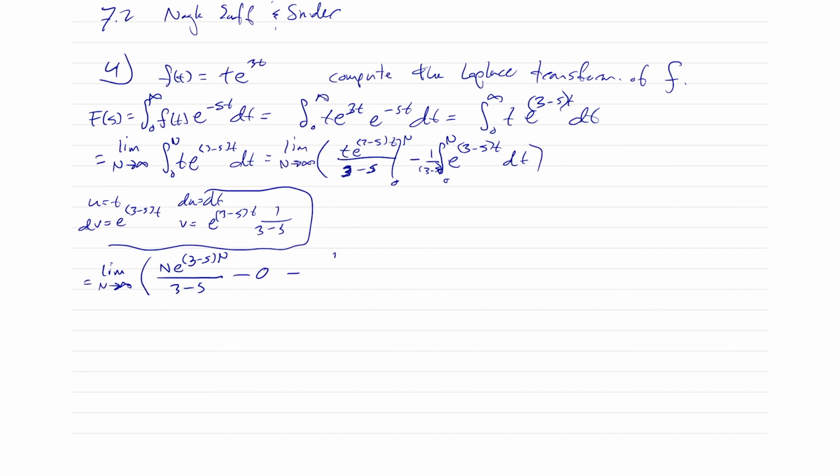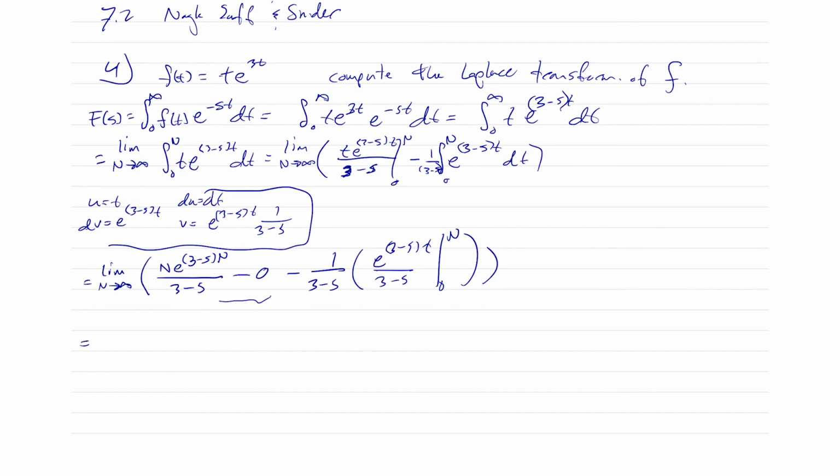Now we have minus 1 over 3 minus s, and we can integrate this last bit as e to the (3 minus s)t divided by 3 minus s. Or not at n there yet, that should be t. Let's go ahead and erase that. So that's still t, and we're evaluating this at 0 and n.